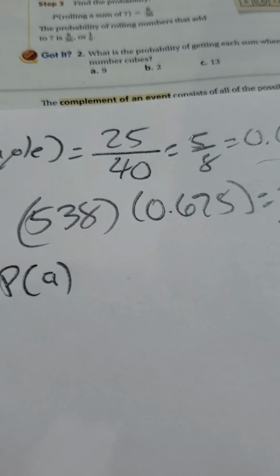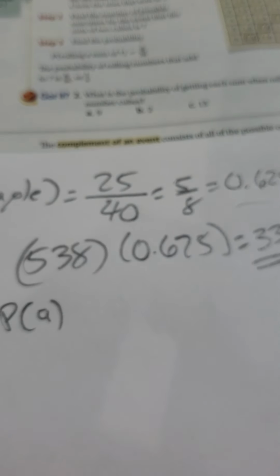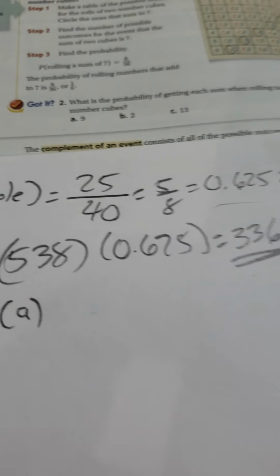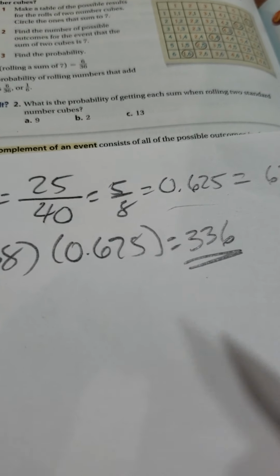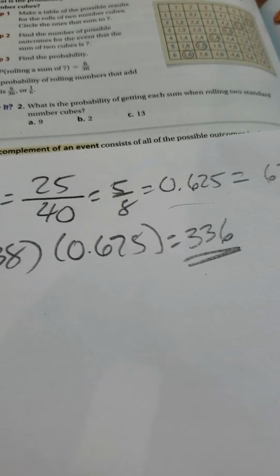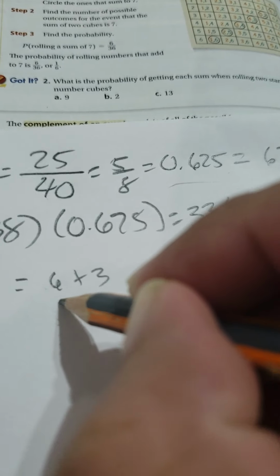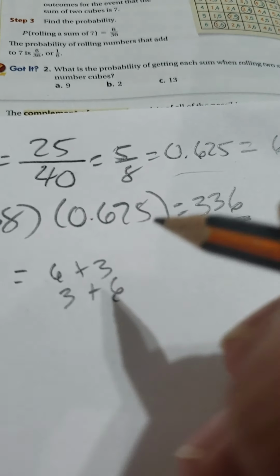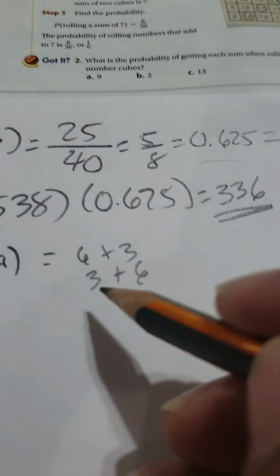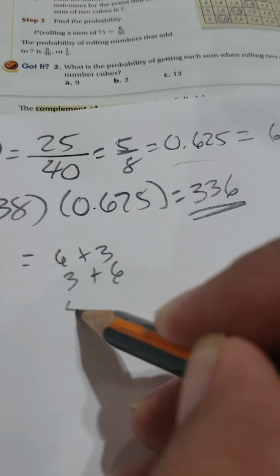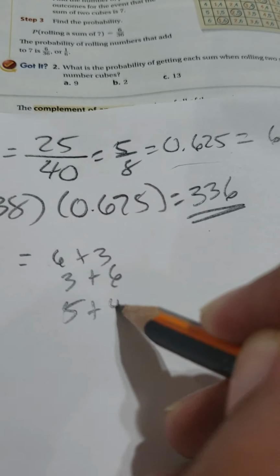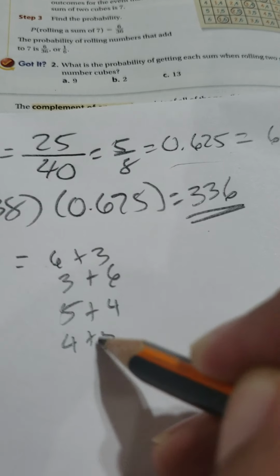Now, that means we have to find the combinations that give a sum of 9 using only 1, 2, 3, 4, 5, and 6. Definitely one is 6 plus 3. The other combination is 3 plus 6. Those are 2 different events. Another combination is 5 plus 4 and 4 plus 5.